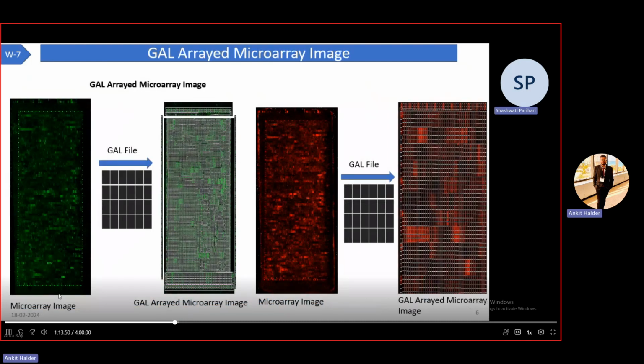Now, if this file is ready and you are able to manage it properly, then after placing the gap file properly, this is the placement of the gap. This kind of gap file needs to be placed properly on the image. Why?